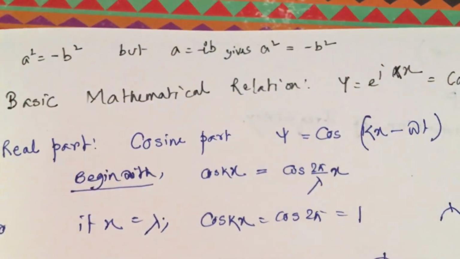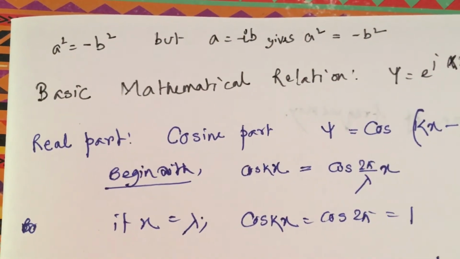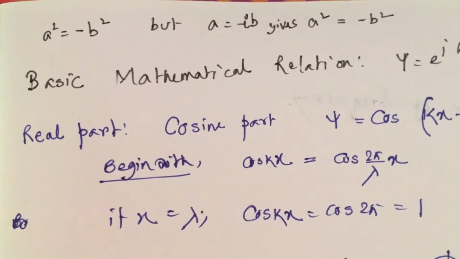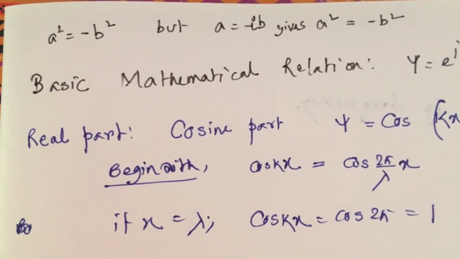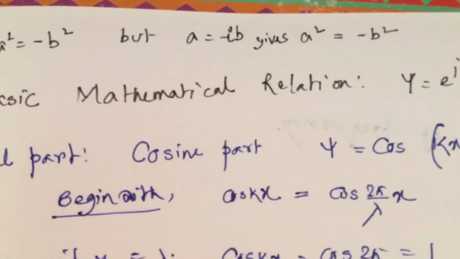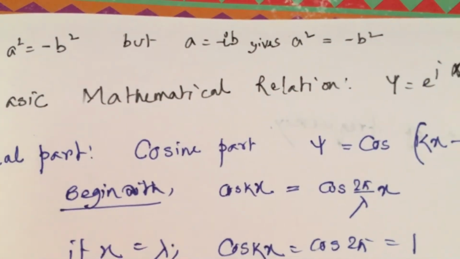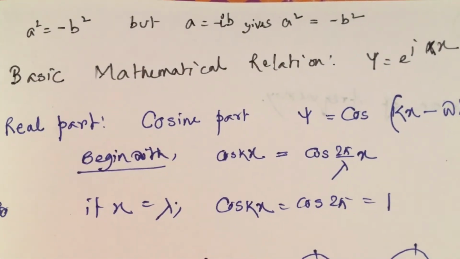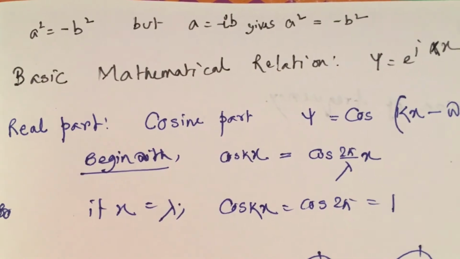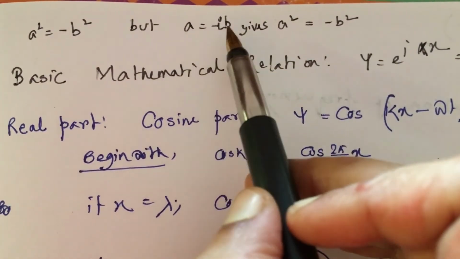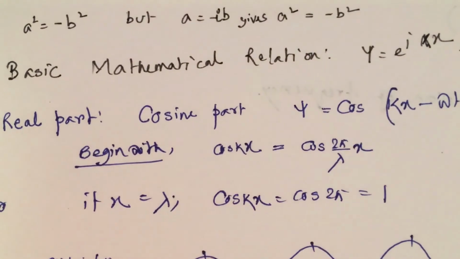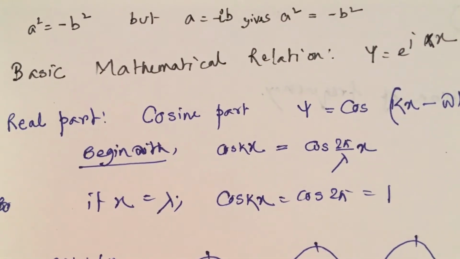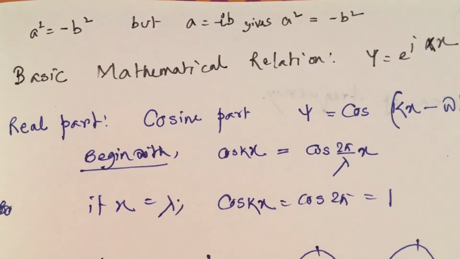This comes from a situation where I get a squared equal to minus b squared. Probably I won't get any real solution of this equation. Then I can write a equal to minus ib, because if I write a equal to minus ib, it will give me a squared equal to minus b squared. So the solution is a equal to minus ib, and i is an imaginary quantity, and i squared equal to minus 1.